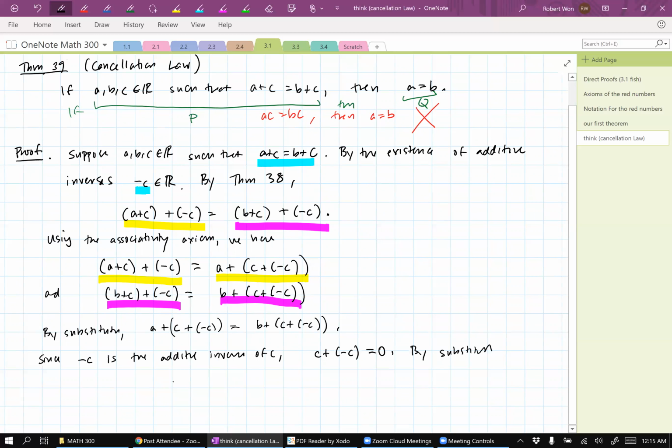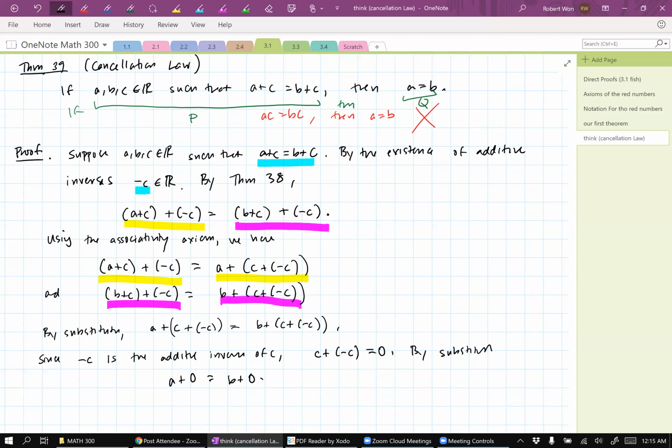A plus 0 equals B plus 0. In other words, I'm substituting in C plus negative C for 0 twice. But I'm just going to say by substitution. Okay, I guess I sort of did the same thing previously. Okay, and now A plus 0, that's just A by the additive identity.